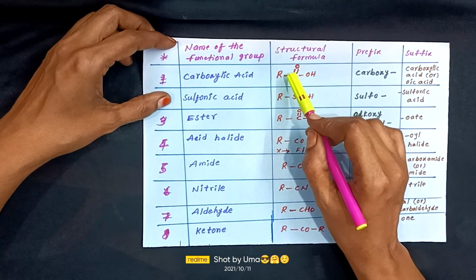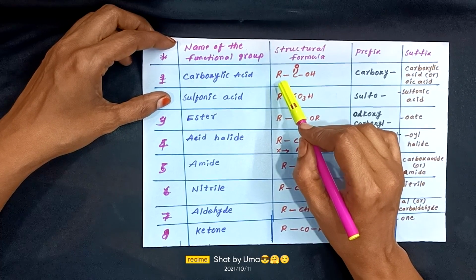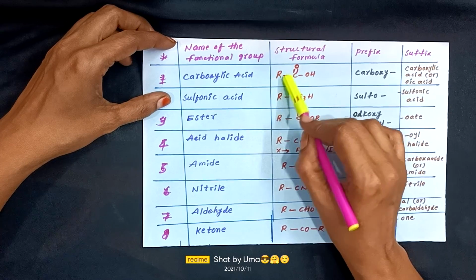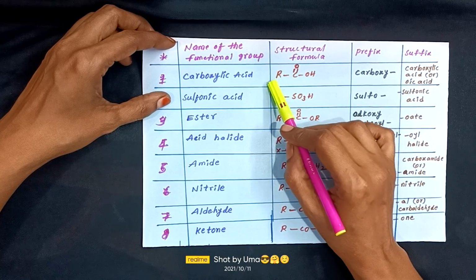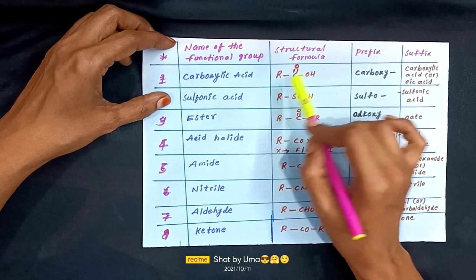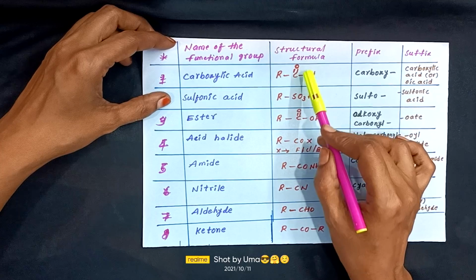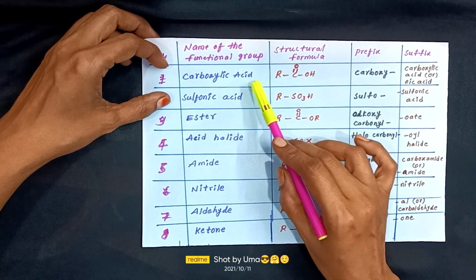R minus H means alkane minus hydrogen will produce alkyl. So R represents any alkyl, whatever it is, methyl, ethyl, propyl, butyl, pentyl, hexyl, like that. So RCOOH is the structural formula of carboxylic acid.